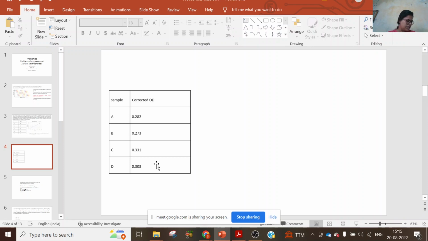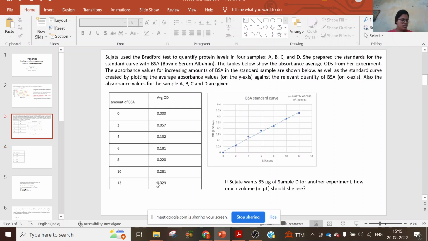If anyone has calculated the amount of protein D, let me know what that amount is. This is the complete question.